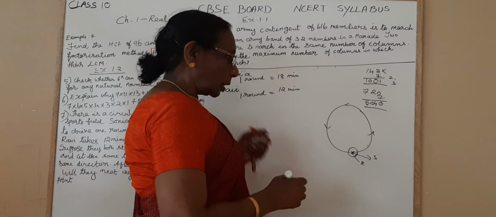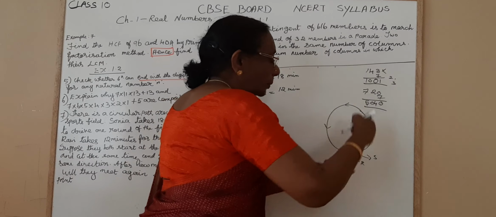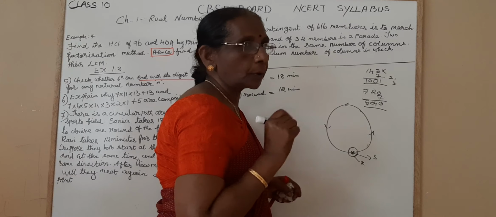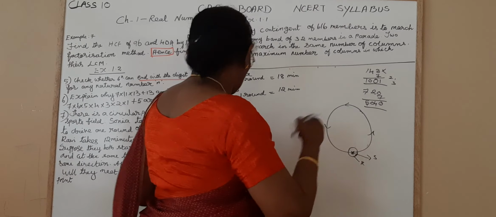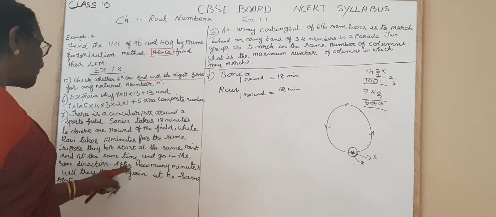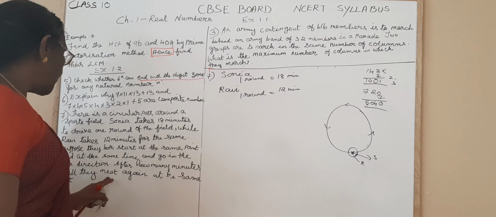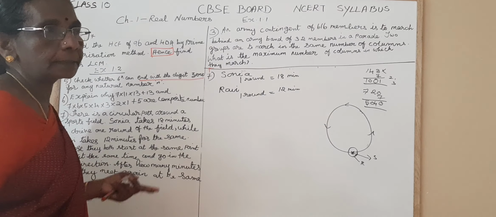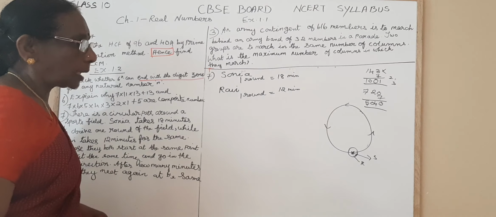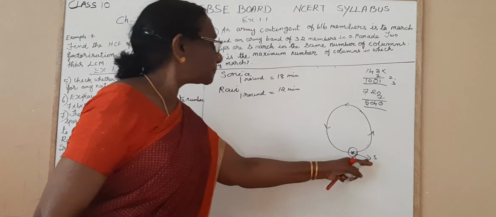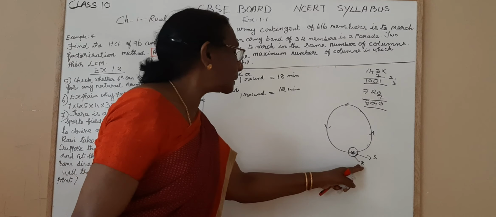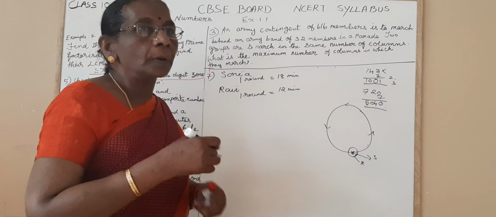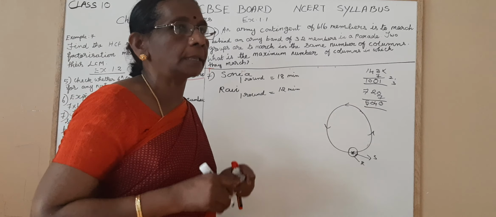Okay, and all of you know Sonia takes 18 minutes to complete one round and Ravi takes only 12 minutes to complete one round. Okay, and what is the question? After how many minutes will they meet again at the same point?